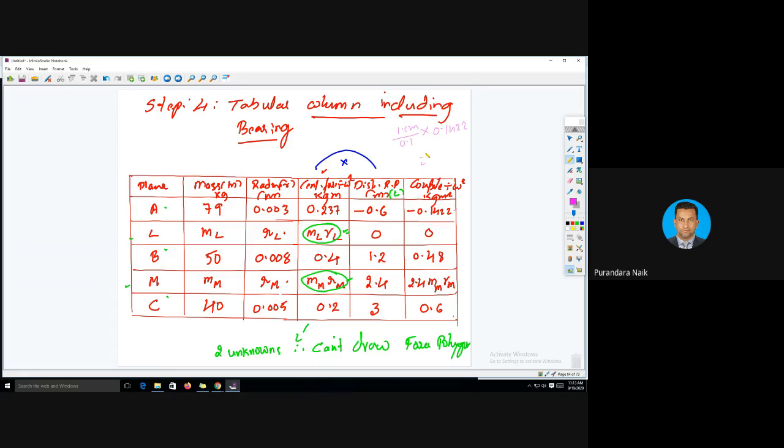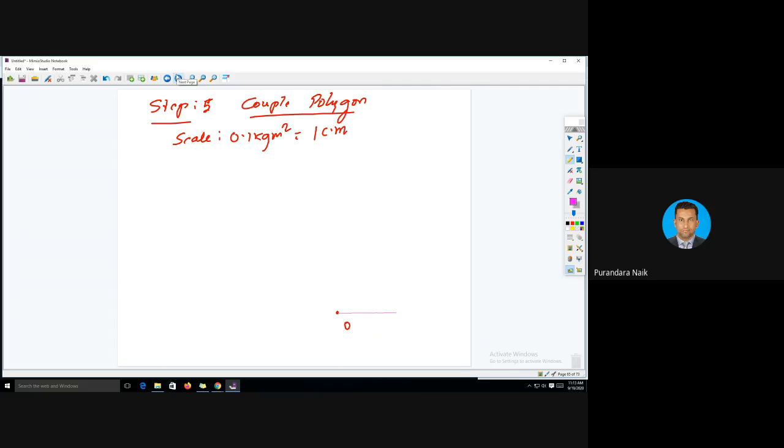That will be 1.422 centimeter. But it is negative, right?